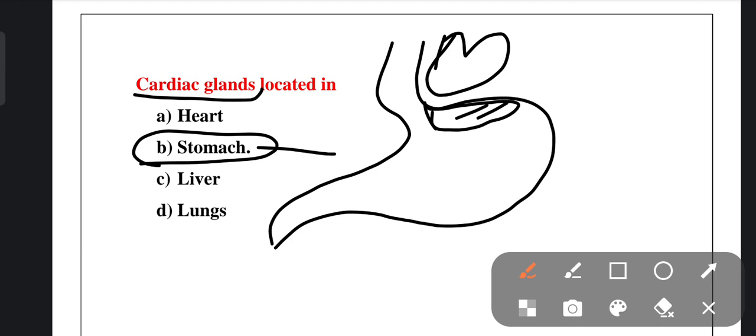Since it is near to the heart, these glands are named the cardiac glands. But there is no relation between the cardiac glands and heart, so don't get confused. Only in the stomach can we see the cardiac glands.